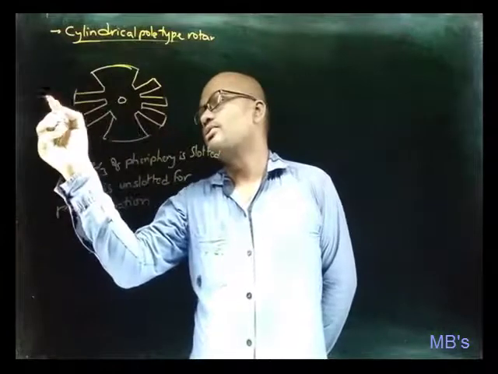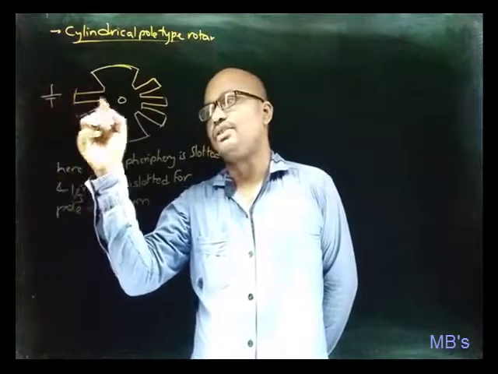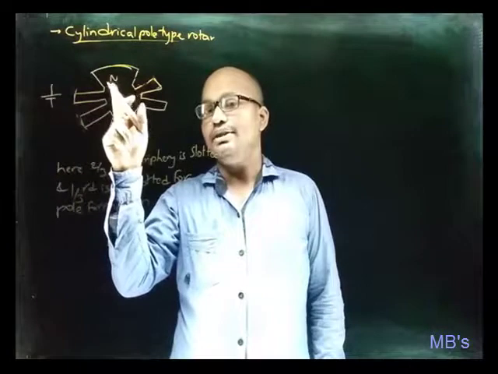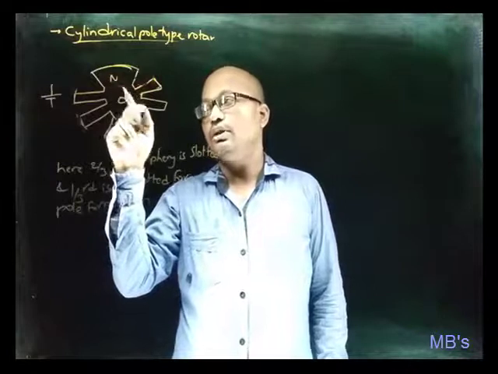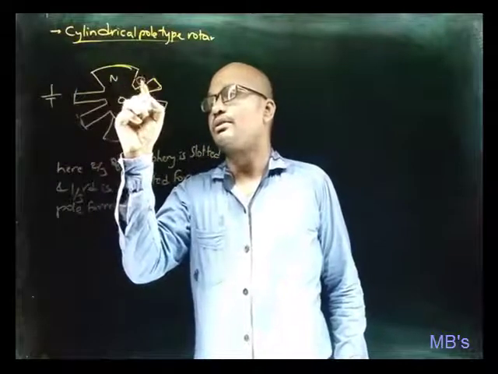So let us suppose this is the DC voltage which is needed for the excitation. In order to make this portion act as north pole, make the current flow in the conductors like this.